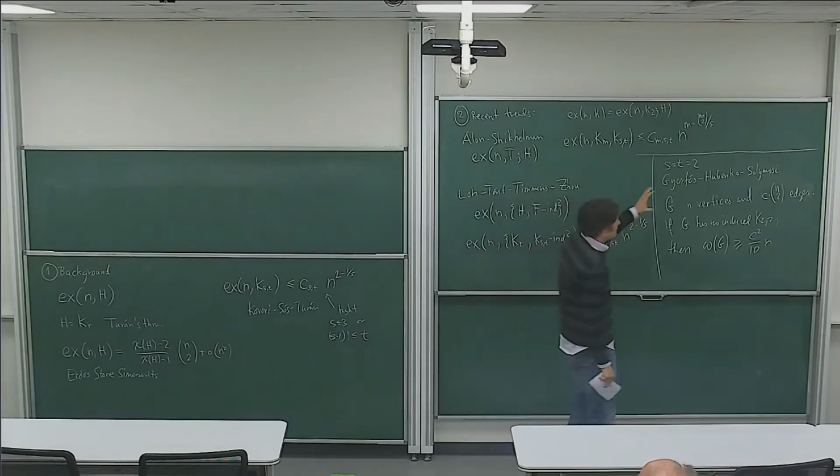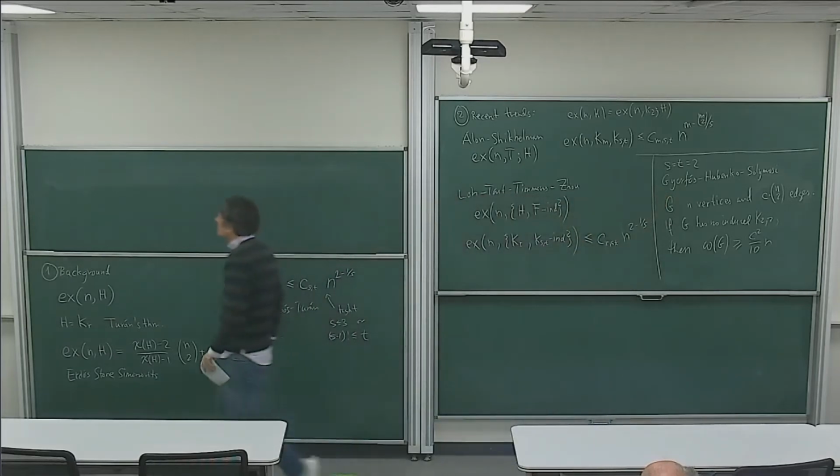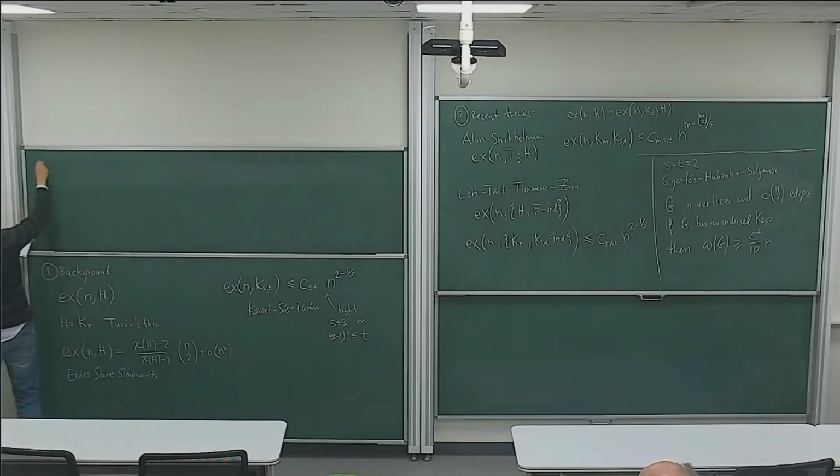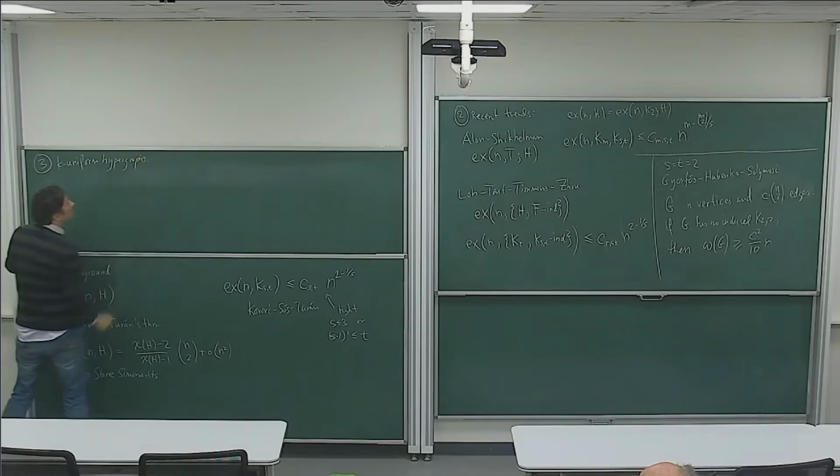Yeah, so all these things so far are about graphs. Now I want to think about k-uniform hypergraphs. So that is, a graph is a 2-uniform hypergraph, right?